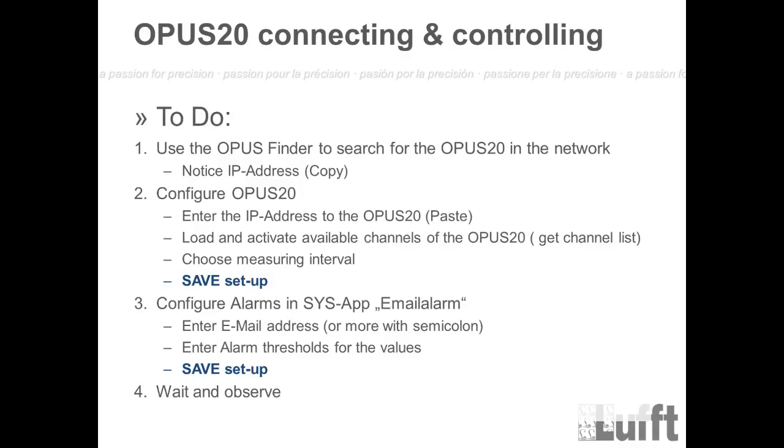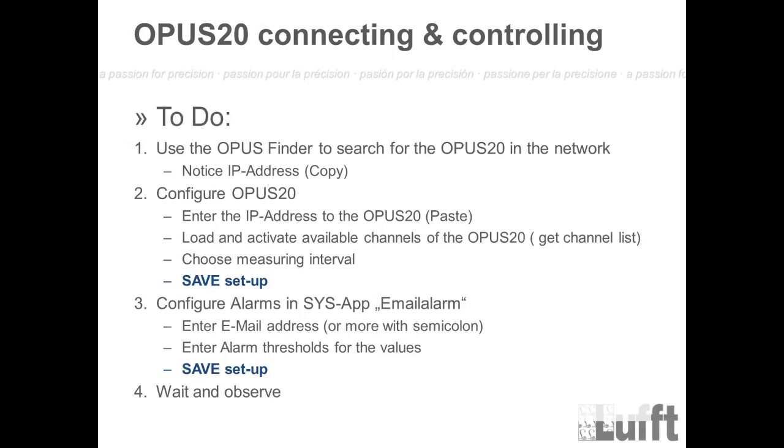After that, if you want to connect, for example, to the Opus 20, you have to do the following things. First, use the Opus Finder app to search for the Opus 20 in the network. After you have started the Opus Finder app, you will get all the information about the connected Opus 20 in the network and also the IP addresses. If you get this information, you have to, of course, note the IP address.